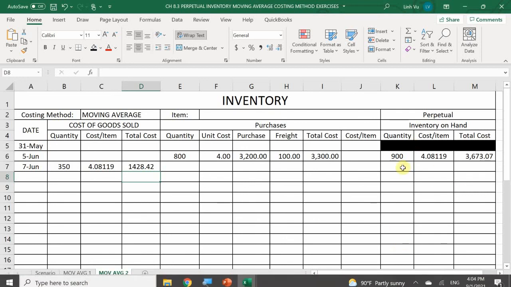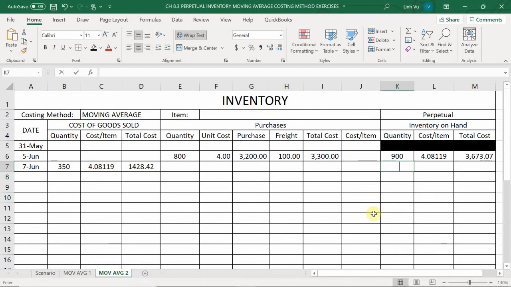Then I need to update my inventory because I no longer have 900 units. What's my new quantity? 550. Okay.